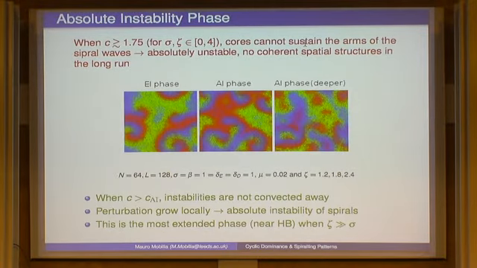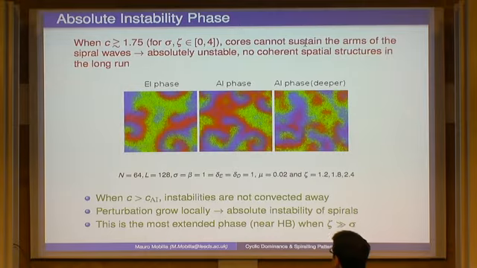Finally, there is also the instability phase, right? In the instability phase, we also have a local perturbation, but now these local perturbations are not carried away, so they stay local, and they disrupt your spiral waves.